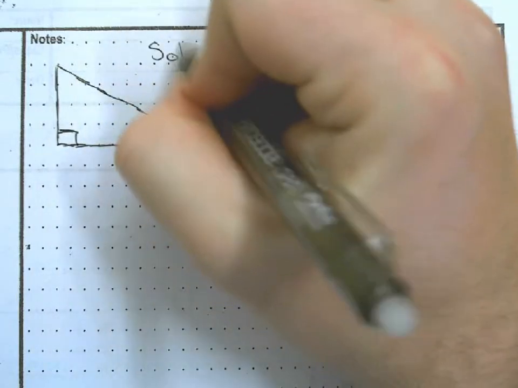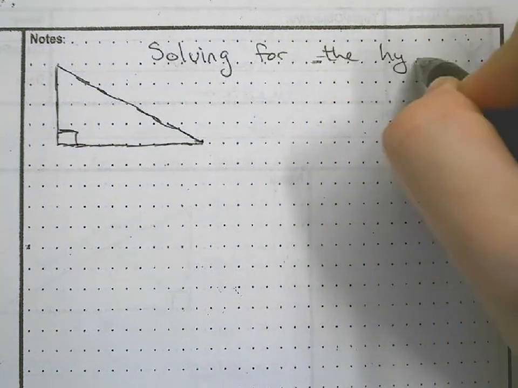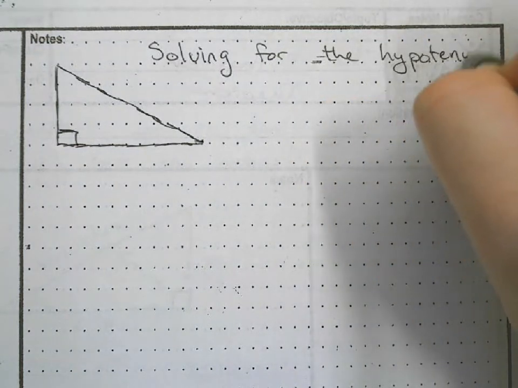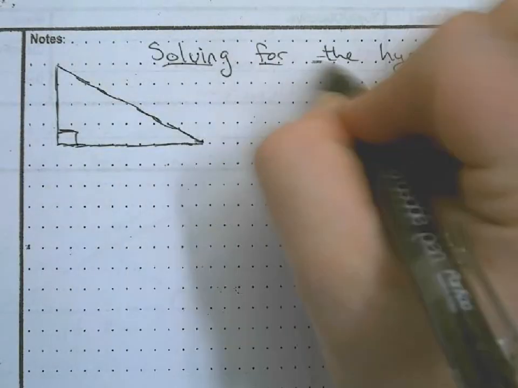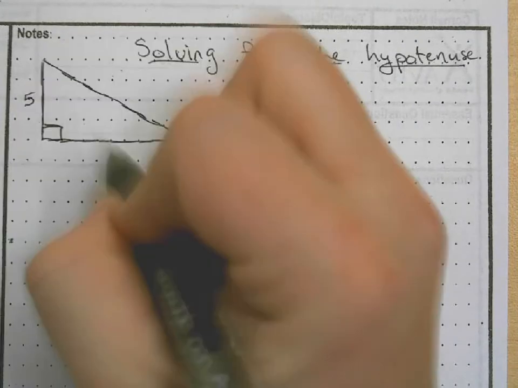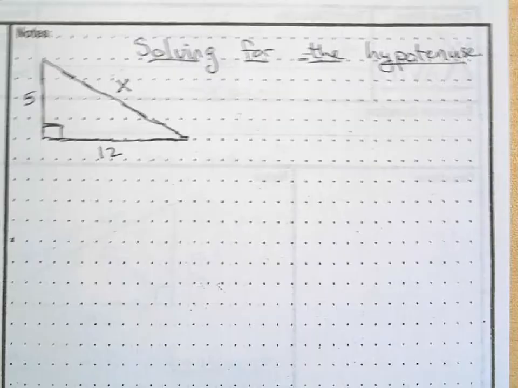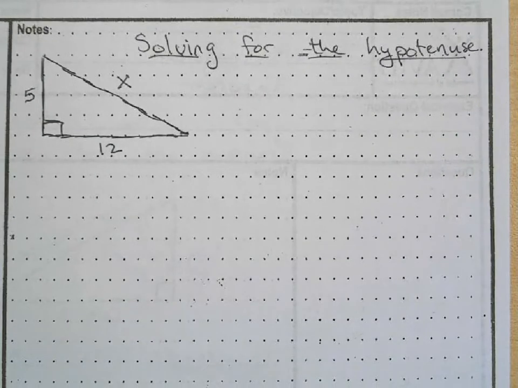So this first situation will be solving for the hypotenuse. And we'll have this right triangle that we're trying to solve. So we plug into our formula.